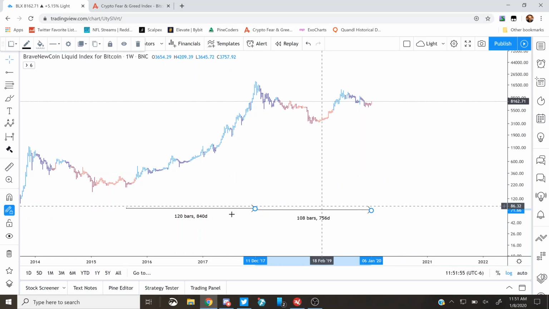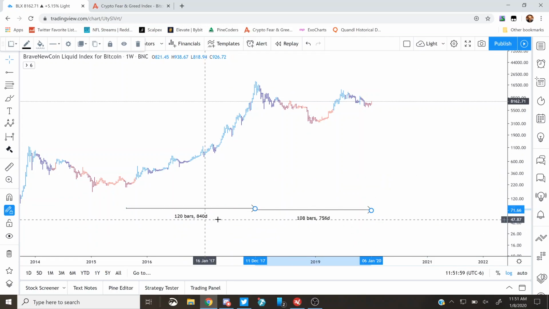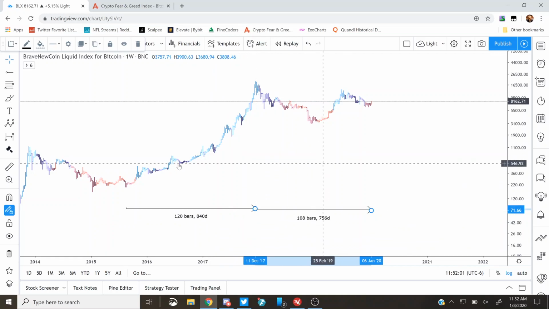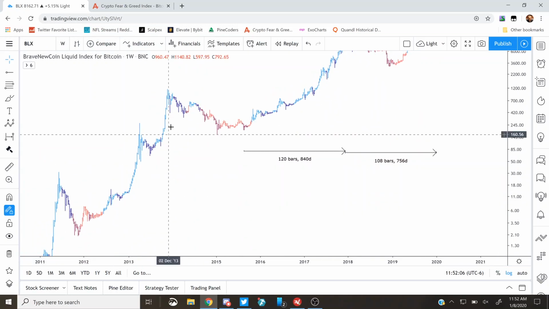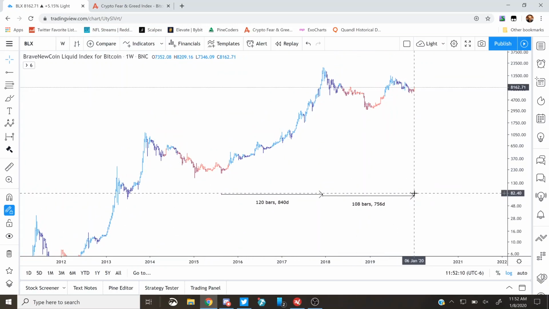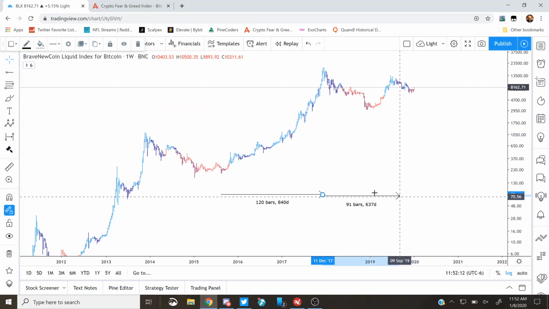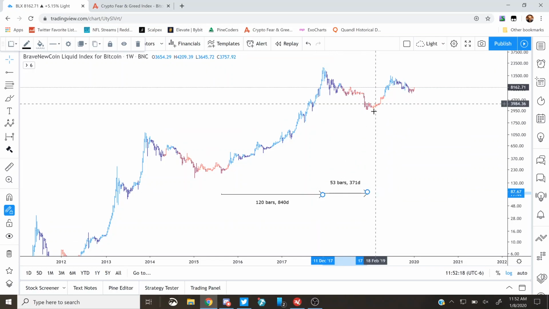So using that time reference, 840 days, 756 days, is a similar ratio to what we've seen on previous completed corrections. Well, I say that, but your low would have been back here, right? Your end of the correction. If you're suggesting the correction was over, it would have ended here.